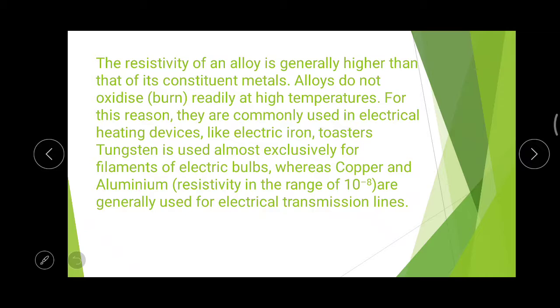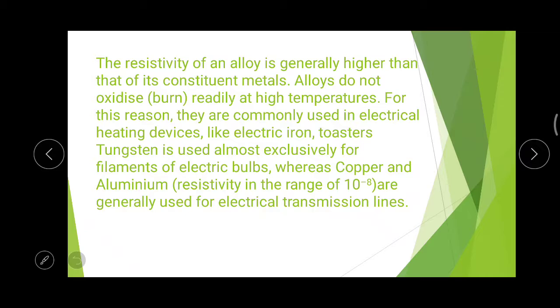We can increase the physical and chemical quality of metals by combining them together. The resistivity of an alloy is generally higher than that of its constituent metals, so it will be very high compared to the resistivity of the metals used to form that alloy.